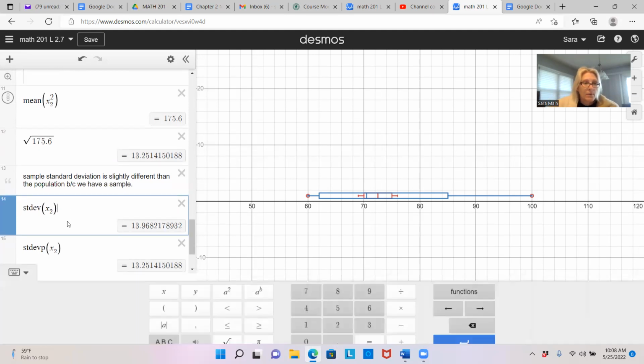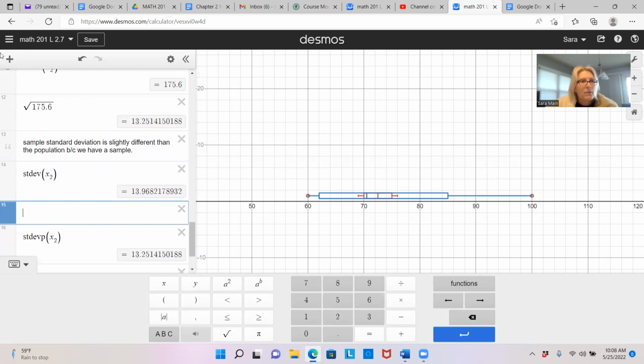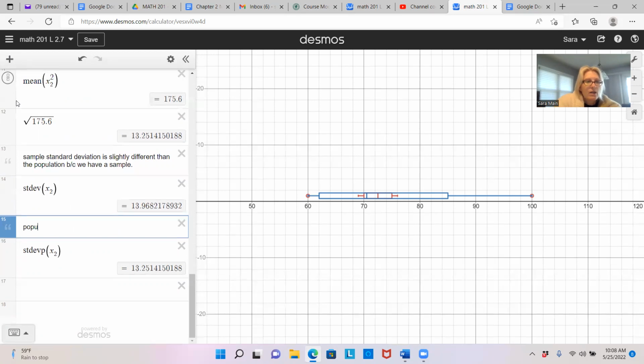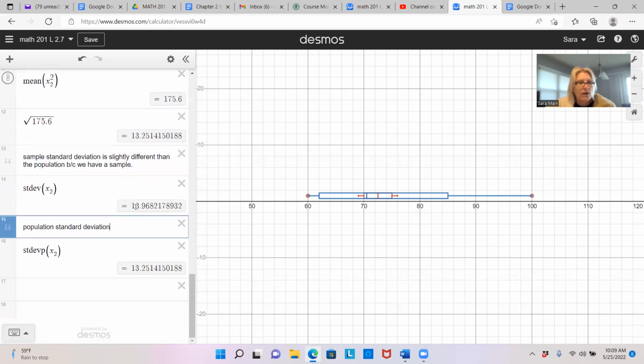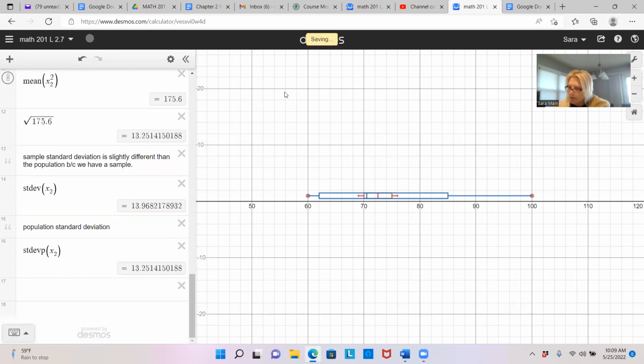The sample standard deviation is going to be divided by n minus 1, and that's why it's a little bit different. So had I divided by n minus 1 here, when we did the mean, we would have gotten this 13.96, a little bit bigger number. So we will never calculate this by hand, but we will use Desmos to do that for us.